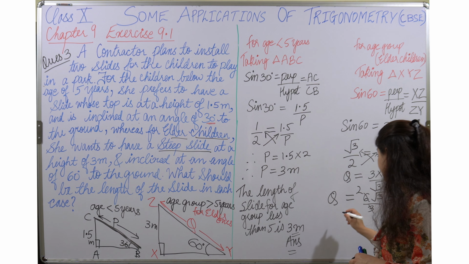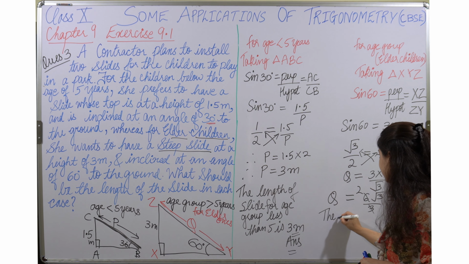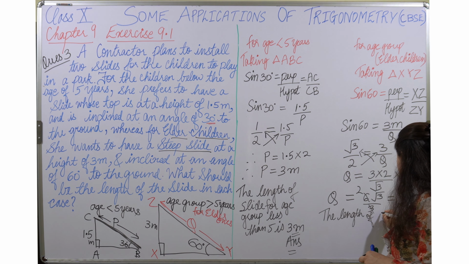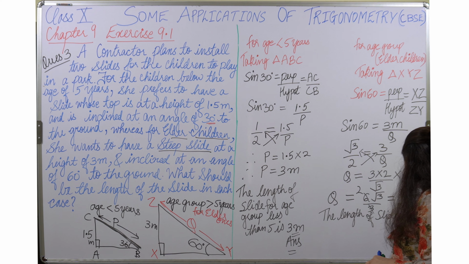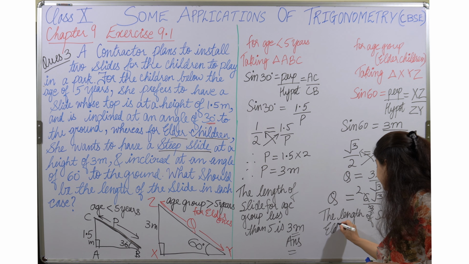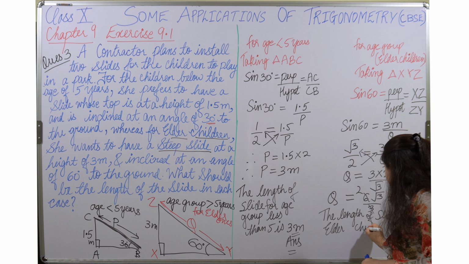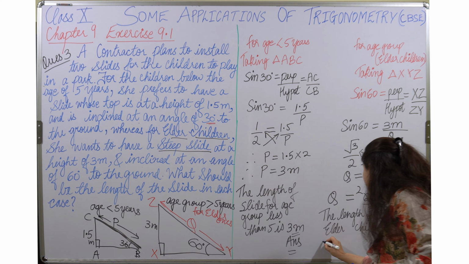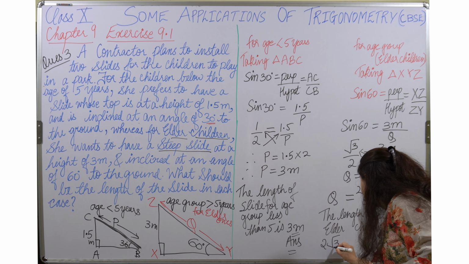So the length of slide for elder children is 2 root 3 meters.